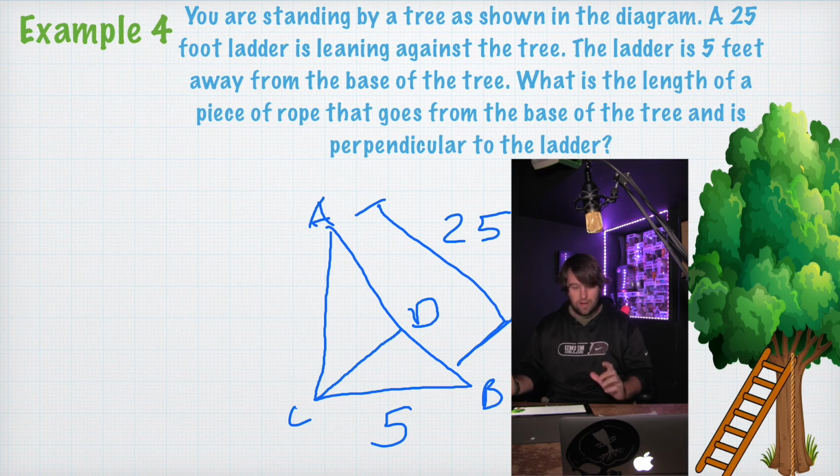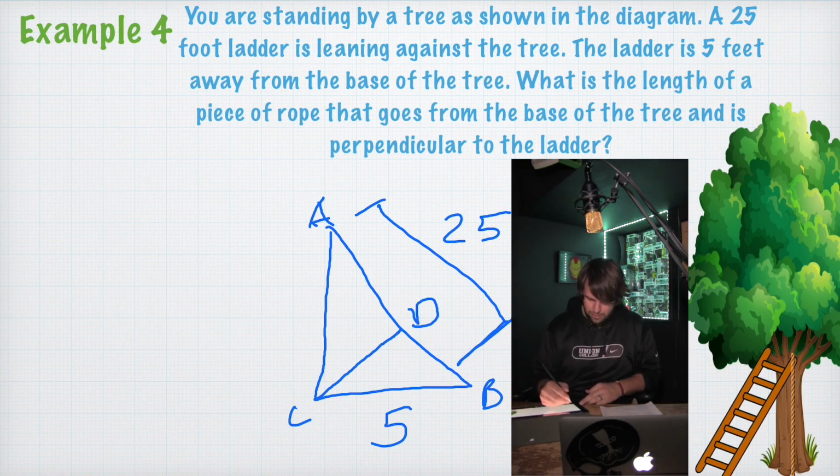So first, if we look at theorem 7.7, the geometric mean or leg theorem, I'm going to pull that up and look at it again. We have AB and CB, which means that we could solve for DB, this short little section here, using this part.